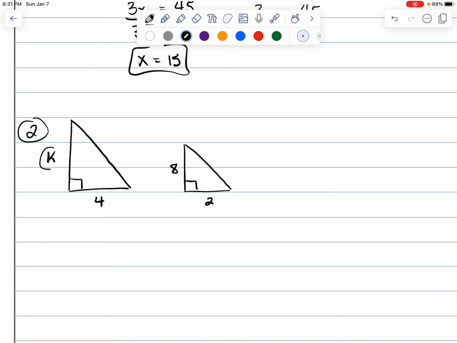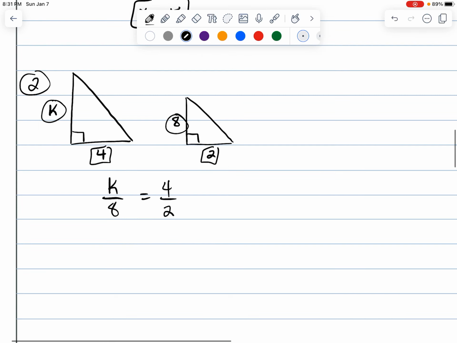All right, let's look at another example. So we have a triangle with side k that matches with 8. So let's say k over 8 is equal to, all right, triangle of side 4 matches with the side of 2. All right, and we're going to cross multiply here as well.